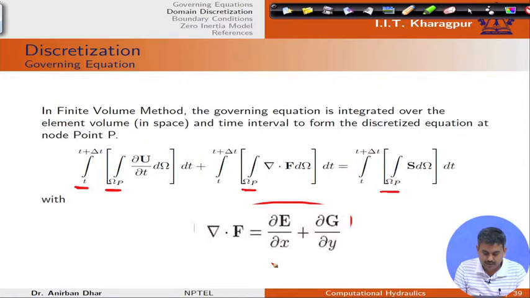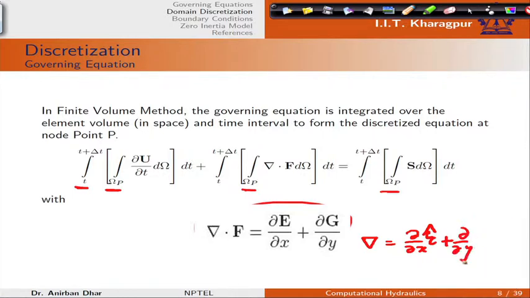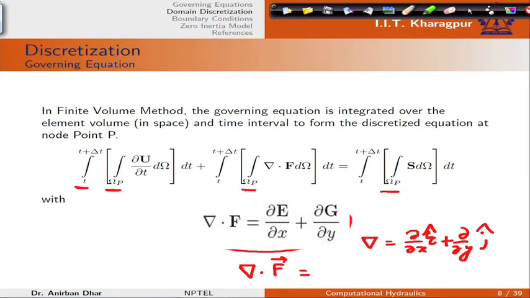So, this will be nothing but, if I take del, this is del by del x i plus del by del y j, and if I take the divergence of that, obviously I will get del E by del x plus del G by del y.